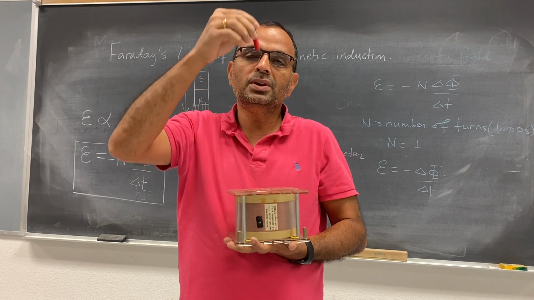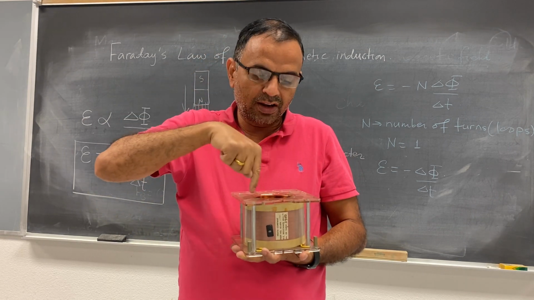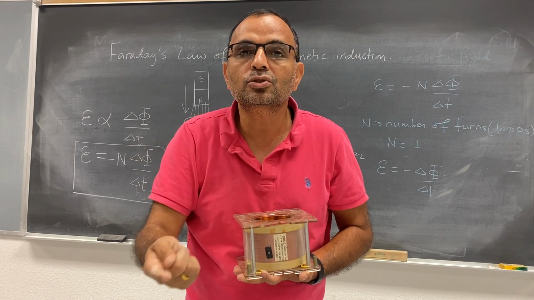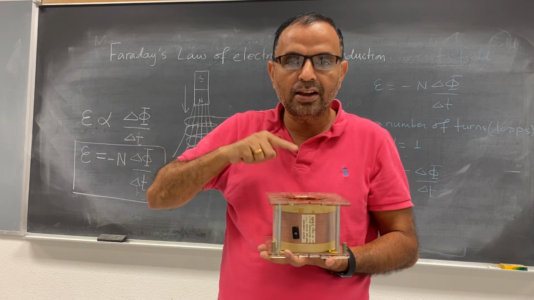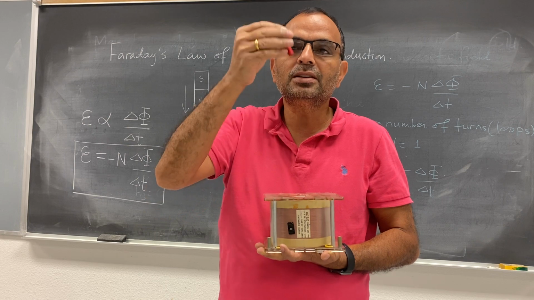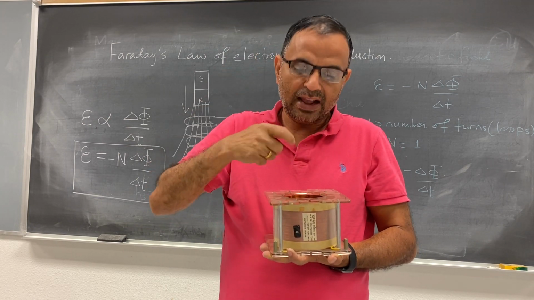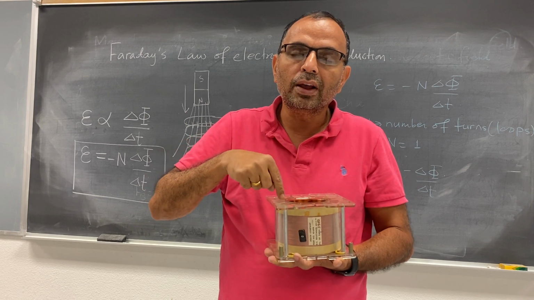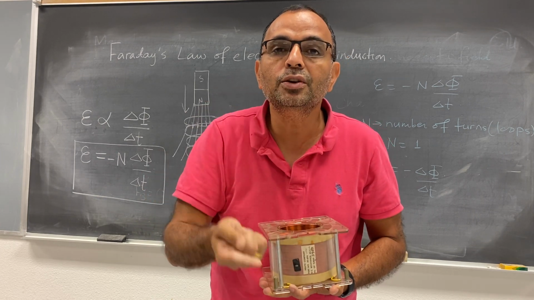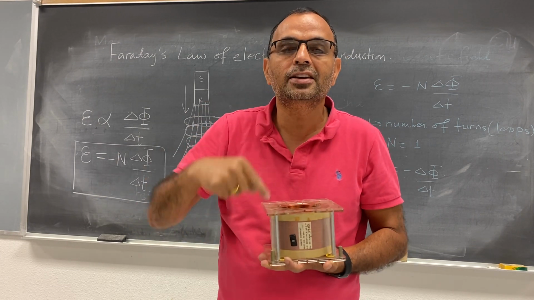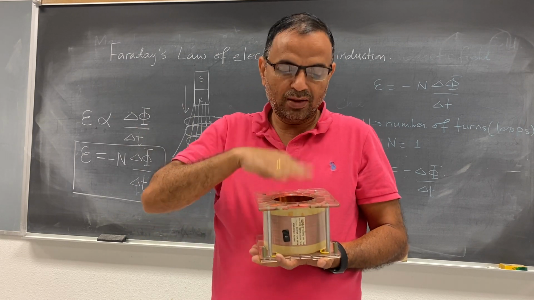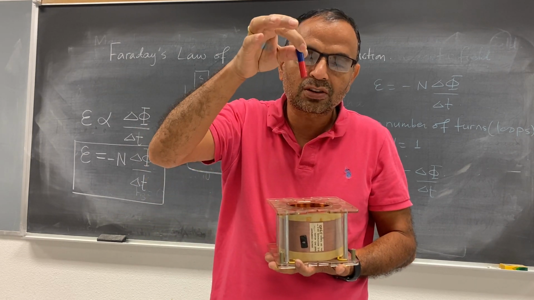So by moving this magnet, I induced current in the coil, and that induced current produced another magnet. This is my source magnet, the external magnet, and the induced current produced the induced magnet, a new magnet.